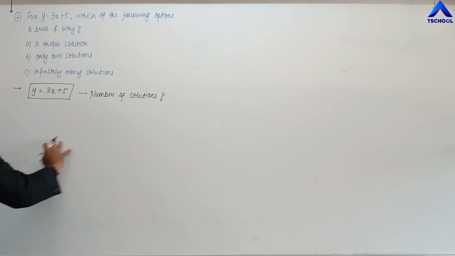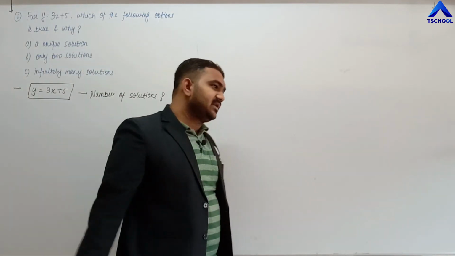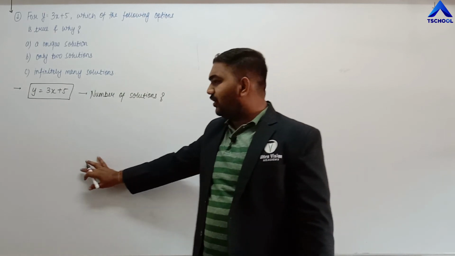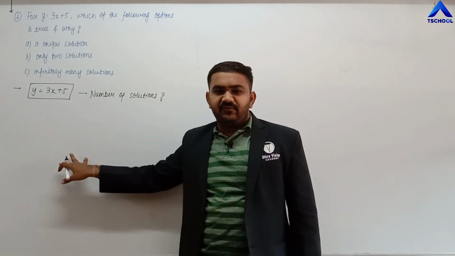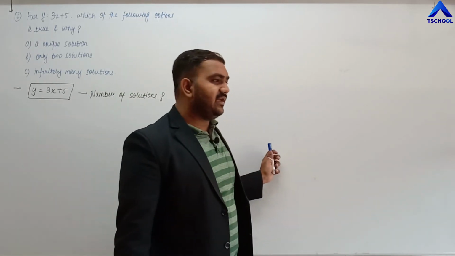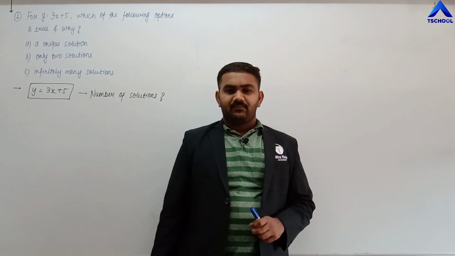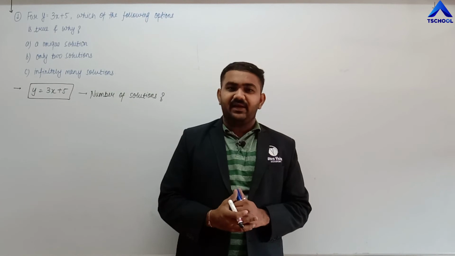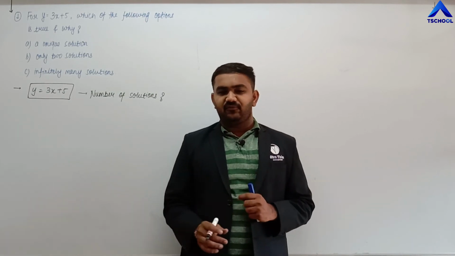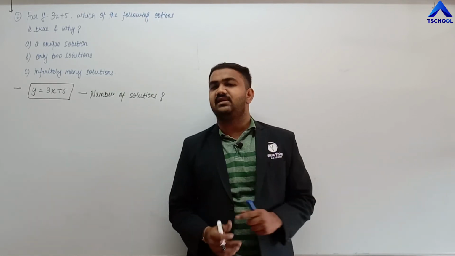Right. In the previous two examples that we have solved, friends, the first one had 4 different solutions. The second one that I gave you had 3 different solutions. But that was restricted, that we need to find only 4 solutions, only 3 solutions, and so on.